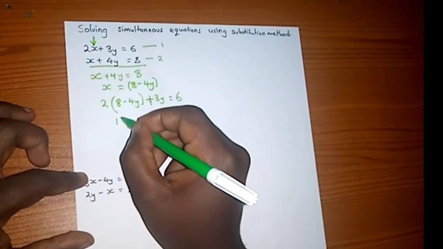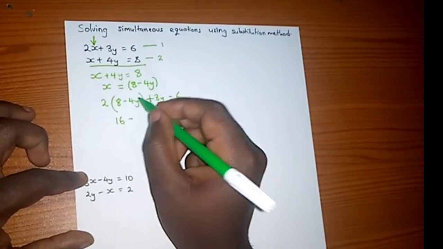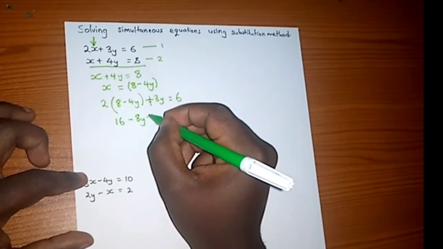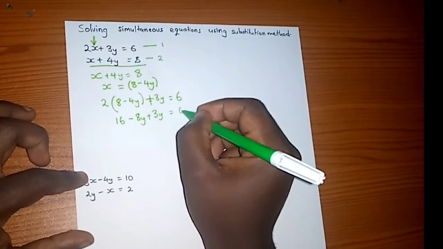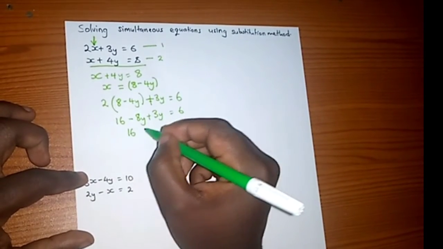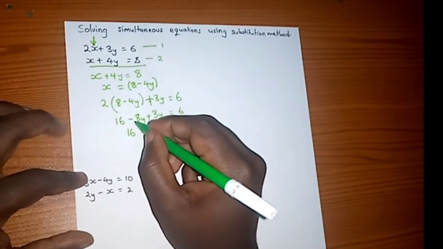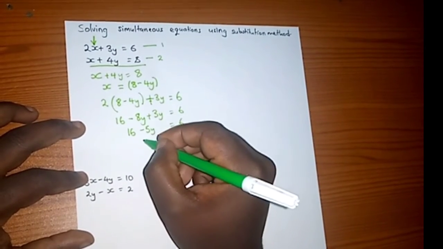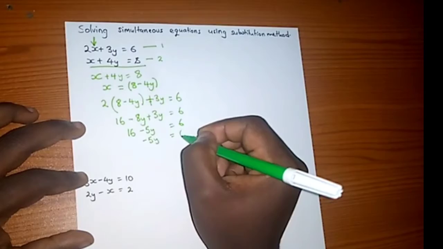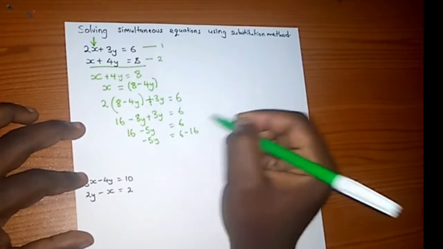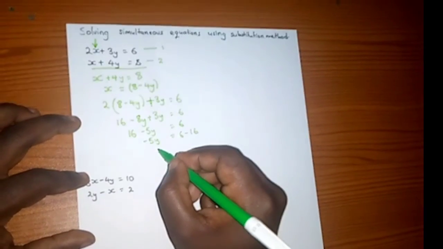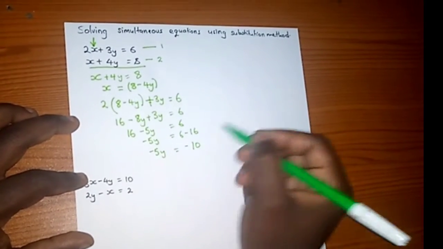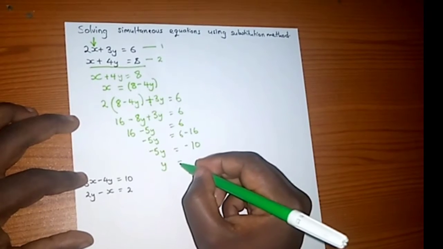So 2 times 8, I get 16, minus 2 times 4, I get 8y, plus 3y equals 6. So minus 8y plus 3y, I get minus 5y equals 6 minus 16, which is minus 5y equals minus 10. So my y equals 2.